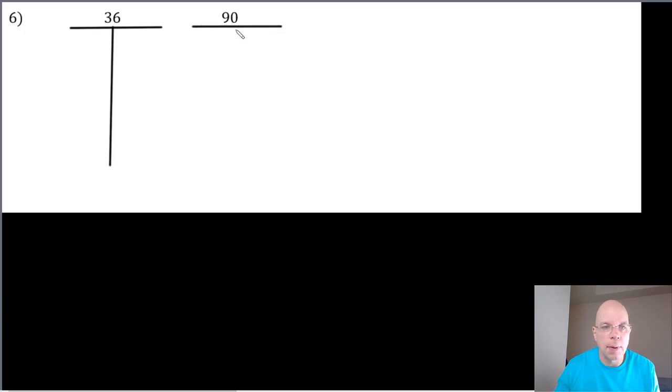And during the pause, find all of the factors of 36 and all of the factors of 90. Then compare, look at all the common factors in both of these UT diagrams and see if you can find the greatest common factor, the largest one they share. Do that during the pause and come back and see how you did.